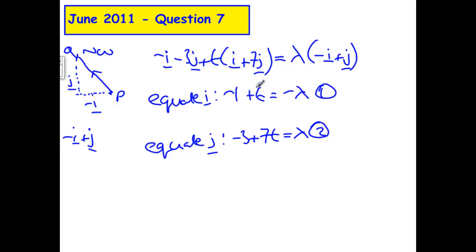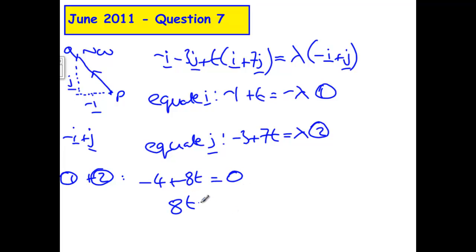Now remember, it's the value of time that we're looking for here. It's not the value of lambda. So I can actually eliminate lambda straight away by adding these two simultaneous equations. If I was to add equation 1 with equation 2, then the minus lambda and the positive lambda will cancel out. And what I will get is minus 1, adding minus 3 gives me minus 4, plus t plus 7t, that is plus 8t, and on the right hand side, minus lambda plus lambda equals 0.